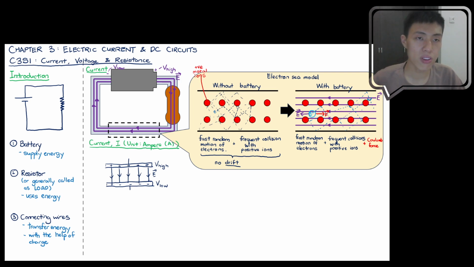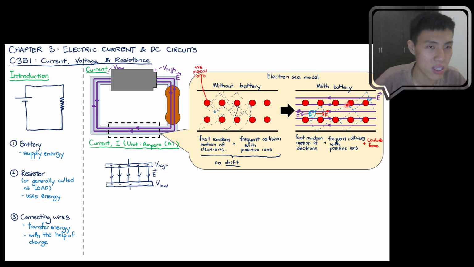Even though the electron is moving very fast, there are a lot of collisions with the positive ions. So it cannot just keep accelerating to the right and eventually move super fast in the circuit. That is not how electrons work. There are too many positive ions for it to collide with, so there are too many changes of direction, bouncing around. Even though the electrons are moving very fast, because of all the bouncing around, the motion to the right is very slow.